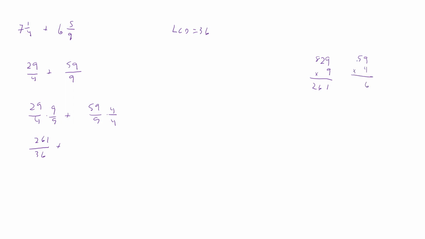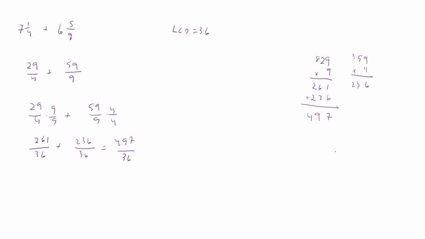That's going to be 236 over 36. So now we have to add those two together. So if we just take 261 and add 236, that's going to be 497 over 36.